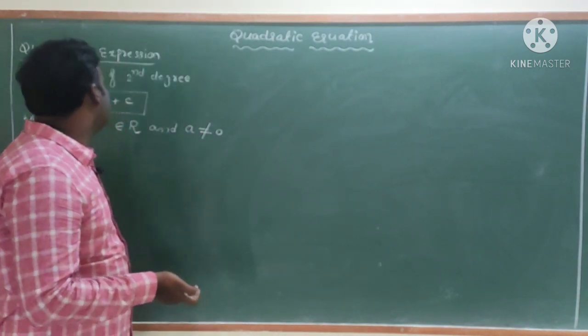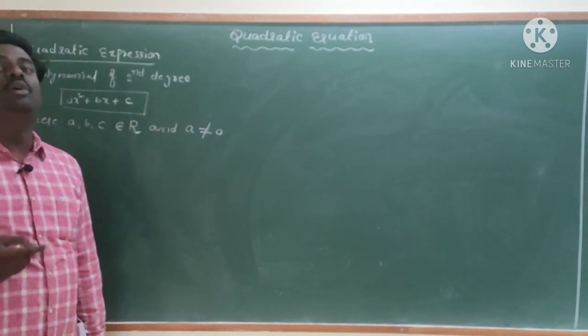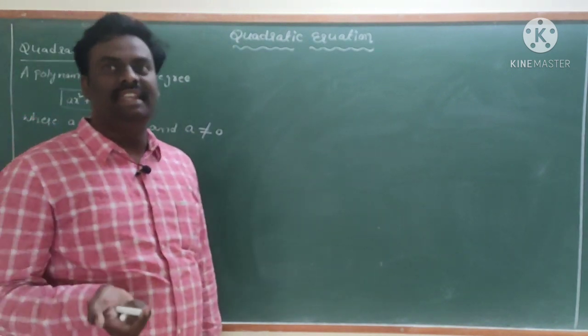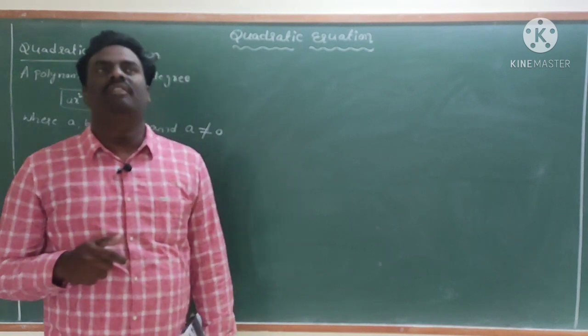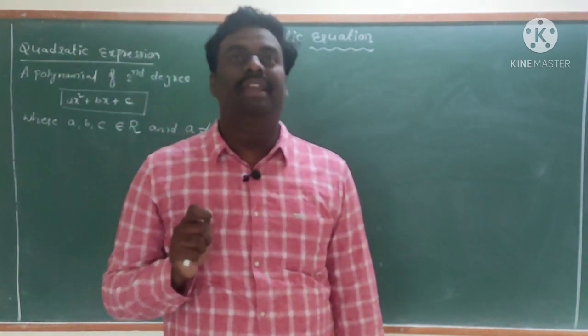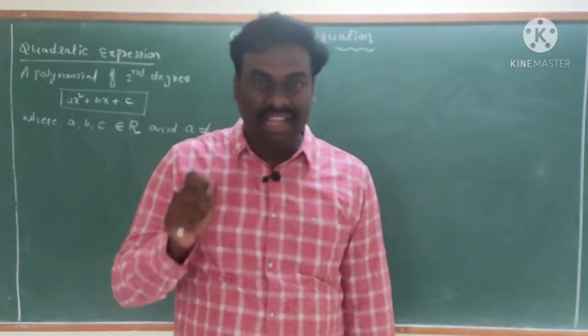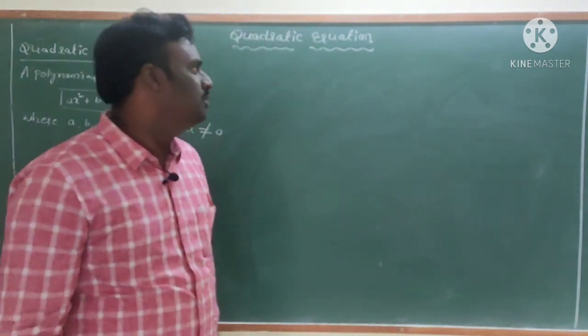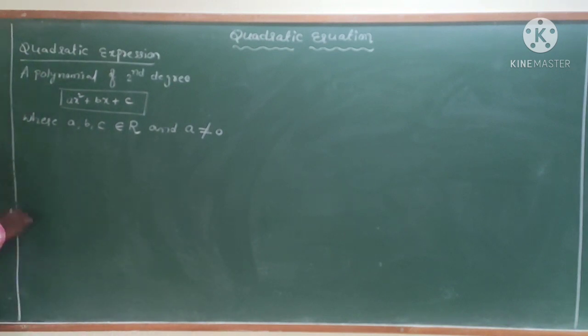So a quadratic expression is a polynomial of second degree, in the form of ax square plus bx plus c, where a, b, c are real numbers and a is not equal to 0.